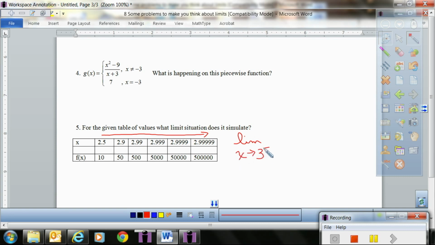From the left, and this is f of x. And what are your y values doing? They're getting larger, so they're going to positive infinity. So taking a table like this and interpreting what it means is what we wanted to do there. So as x goes to 3 from the left, the y values are getting larger, so it's positive infinity.